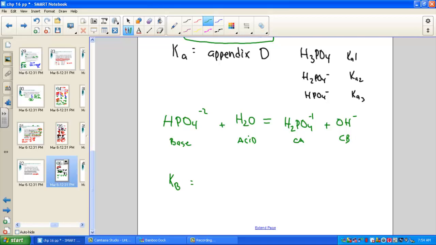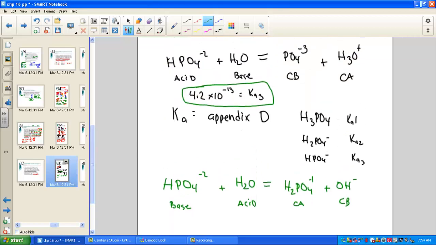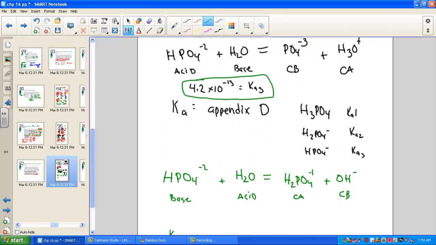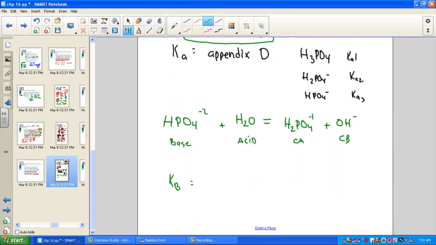When the Ka constant we just found out up above, 4.2 times 10 to the negative 13, is flipped into a Kb, we do that by taking Kw over Ka, right? Remember that expression to put one into the other. Well, Kw is a constant, 1 times 10 to the negative 14th. The Ka, and again, remember this is the original thing, we're putting on that extra proton.